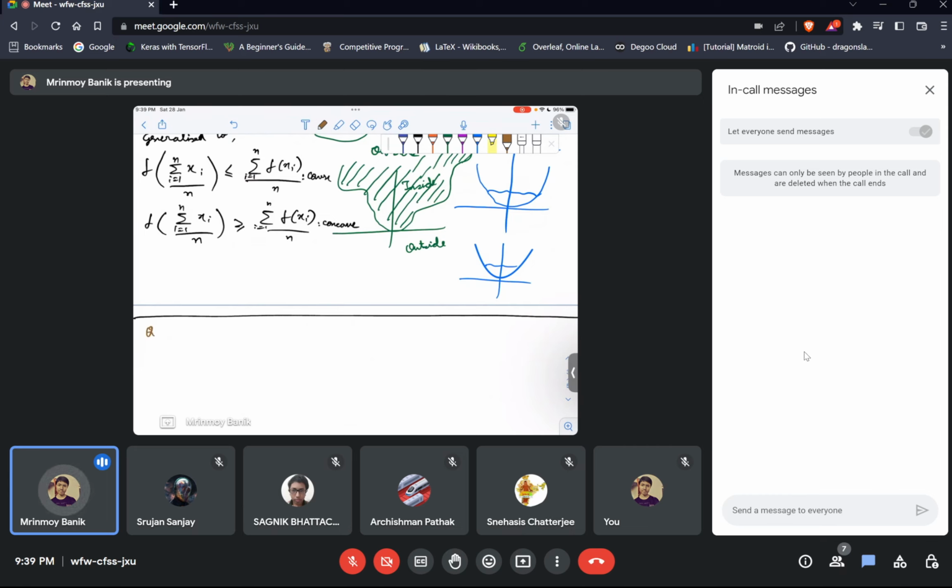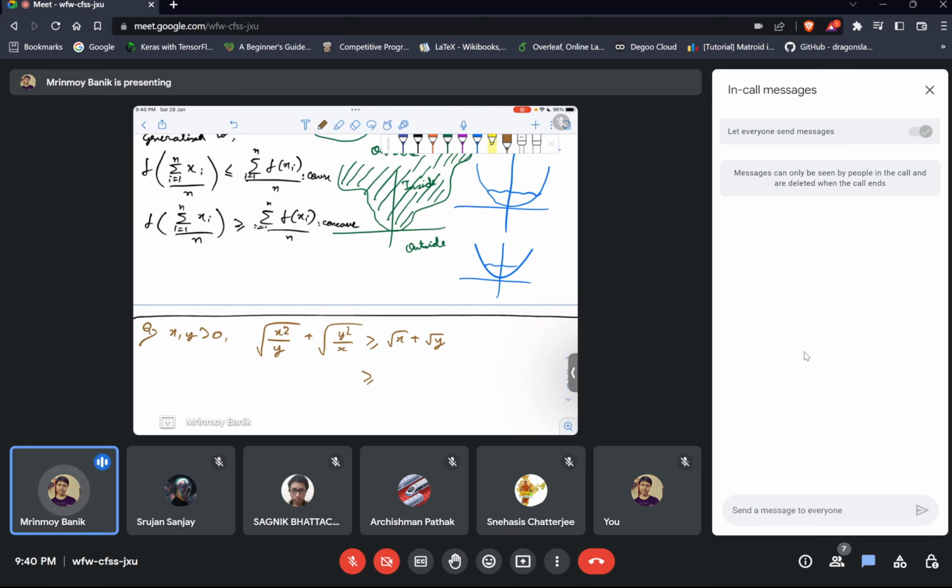So now let's solve some problems. Show that given x, y positive, square root of x squared by y plus square root of y squared by x is greater than or equal to square root of x plus square root of y. This is just plain and simple AM-GM, as you can see.